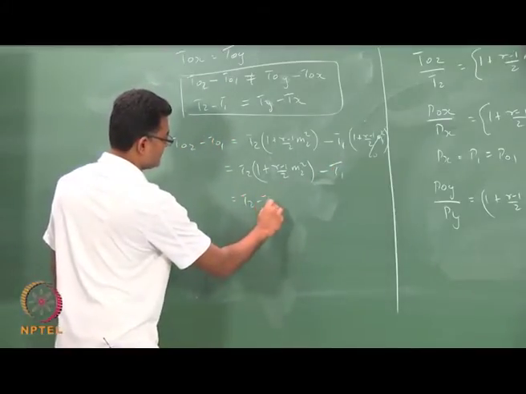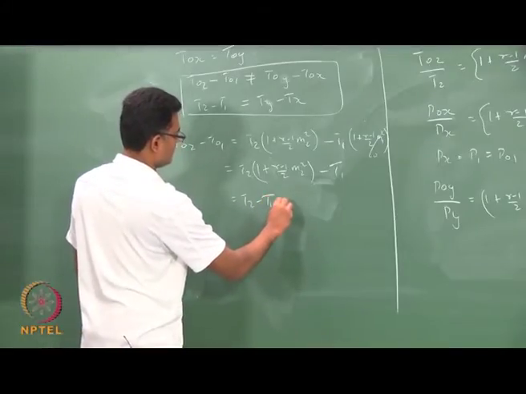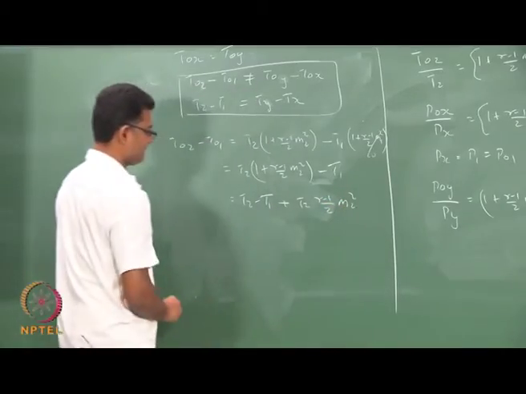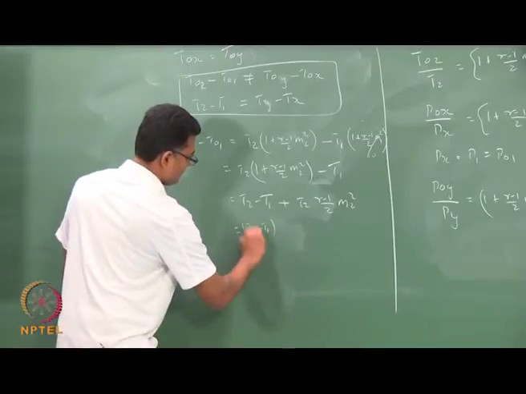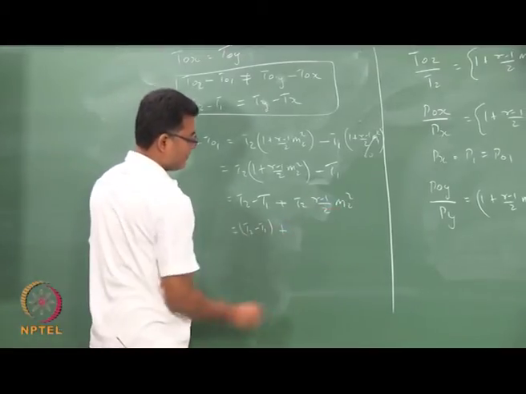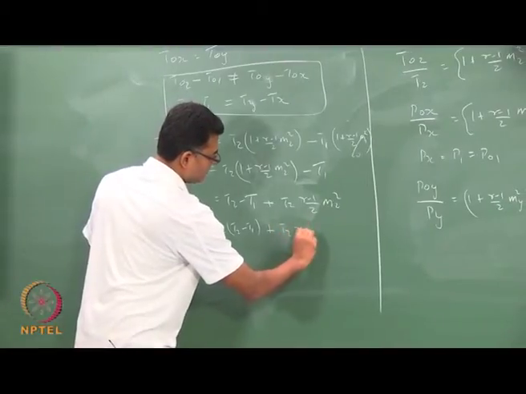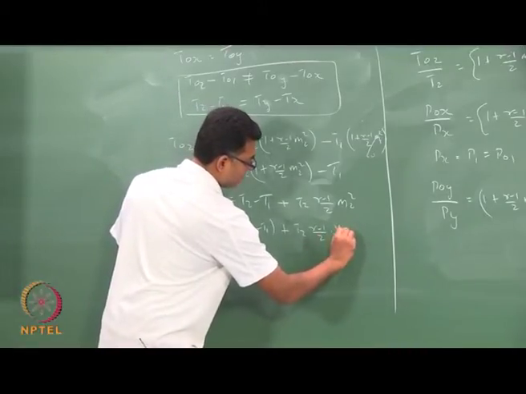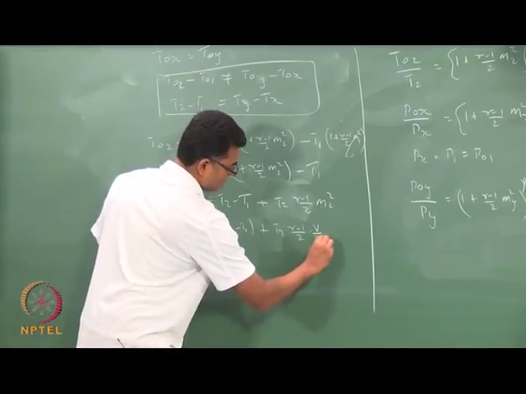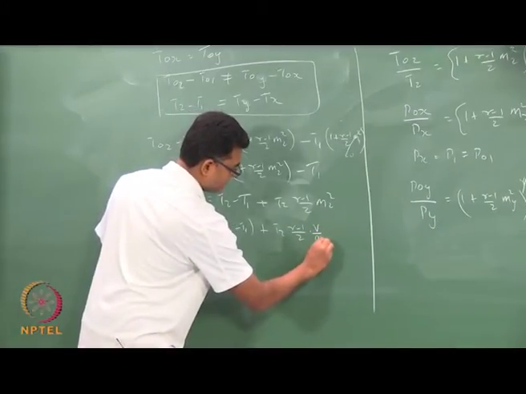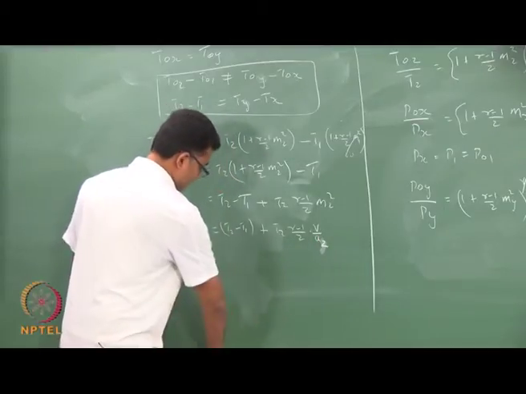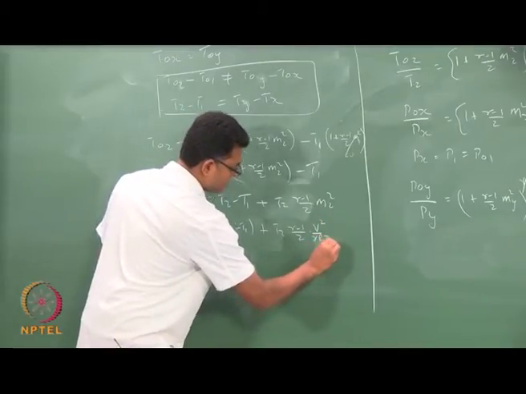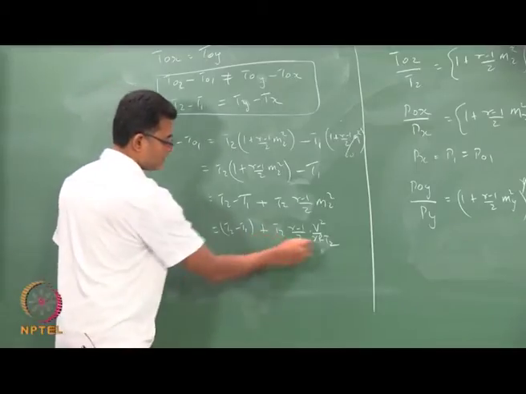I take T2 minus T1 plus T2 into gamma minus 1 by 2 into M2 square, where I replace M2, the Mach number, in terms of velocity, V2 by a2, and replace a2 as gamma R T2. So, I strike T2 minus T2.